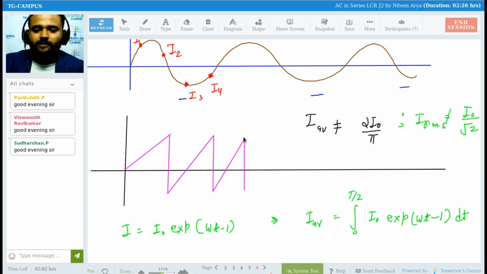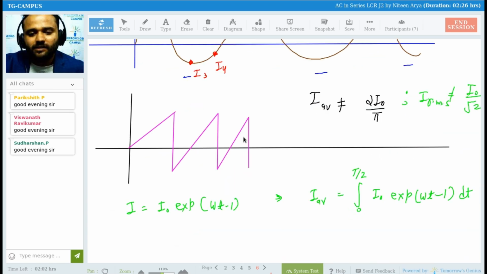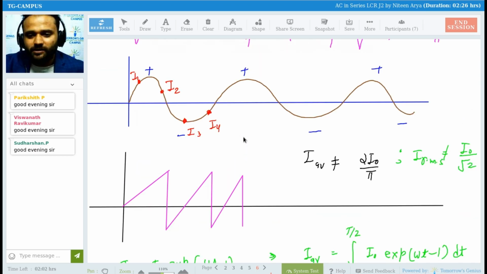Sometimes, deliberately, to make a question hard, they don't give you this. They deliberately give you this kind of general equation, and ask you to find I average and I RMS. And most of the students, I can say 85% of students, write directly this.